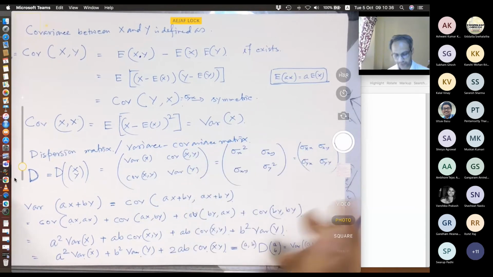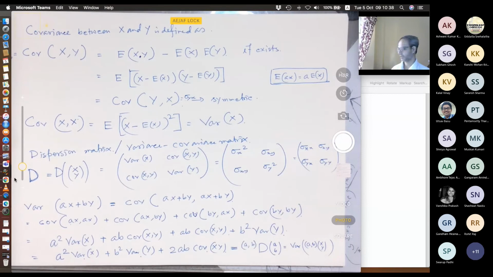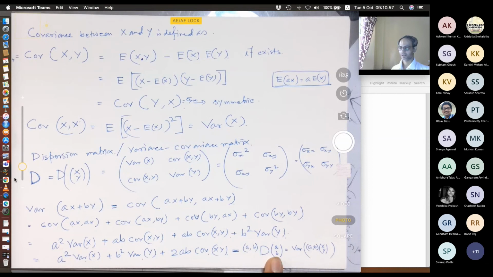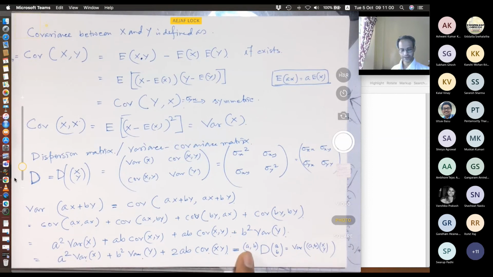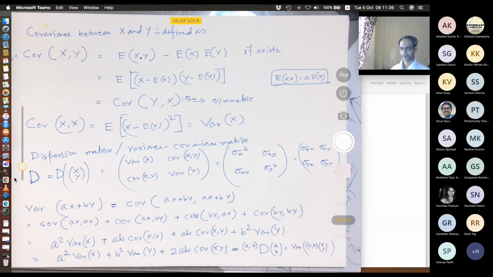Usually when you go for high dimensional data, you will have this variance covariance matrix, and if you need to study their linear combination like a1 x1 plus a2 x2 and a3 x3, you can immediately do it this way: write the dispersion matrix in the middle, the coefficient vectors you have in front as a row vector, transpose as transpose at the end as a column vector.